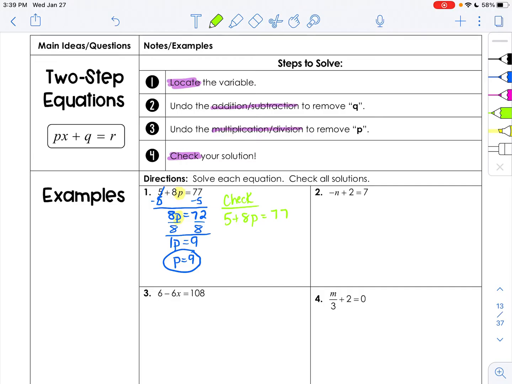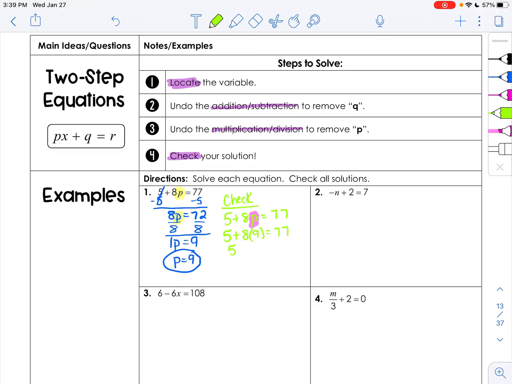But now I think p is 9. So now I'm going to replace p with 9. 5 plus 8 times 9 equals 77. And remember, when we replace a variable with a number, we always put that number in parentheses. So now I can see I need to multiply 8 times 9.